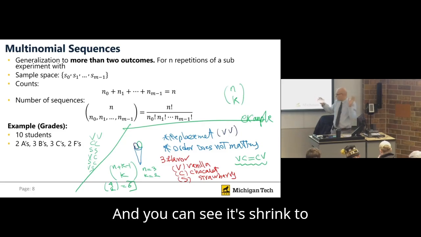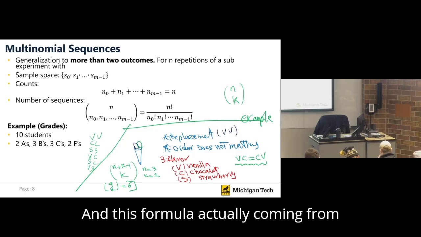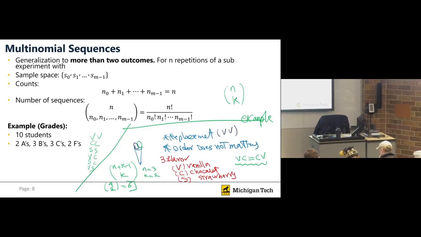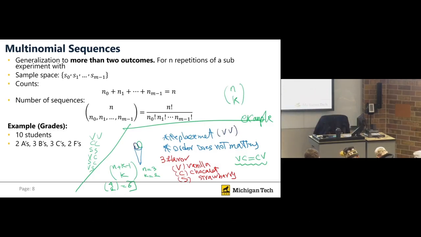No more. As you can see, it shrinks to 6. And this formula actually comes from that. Okay, but just consider this example. We're not going to go deeper into the complexity. Let's clean this up.